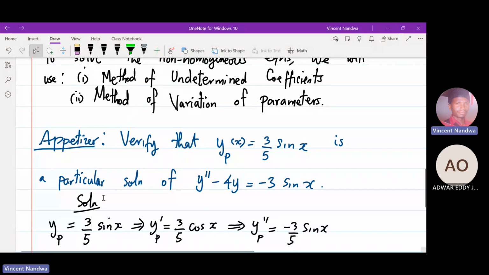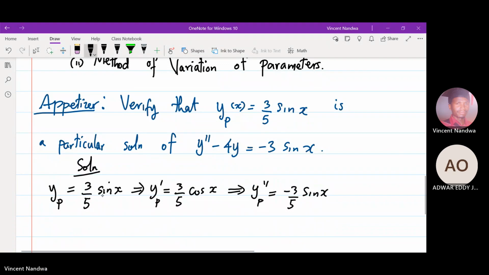So the claim that y_p is a solution means that if I replace y_p for y, then this equation must be satisfied.